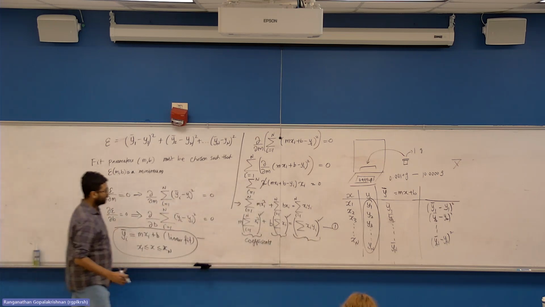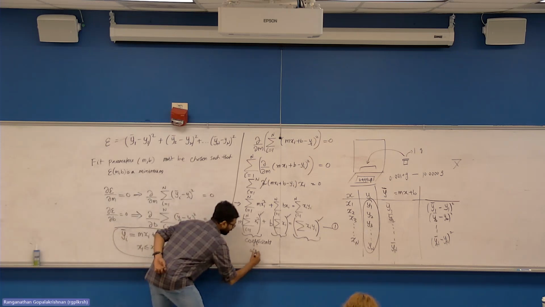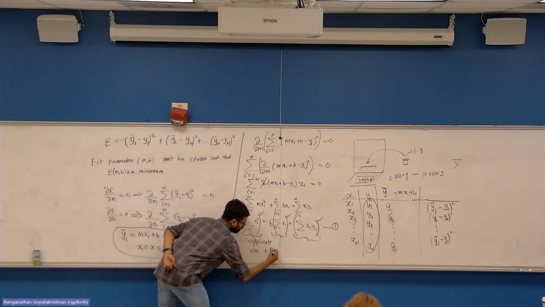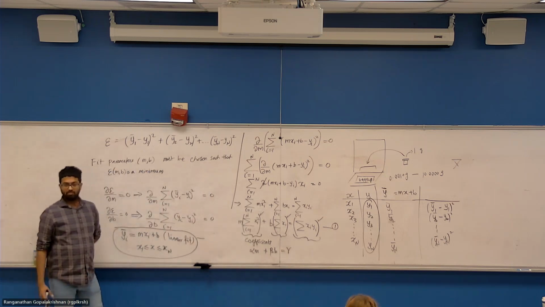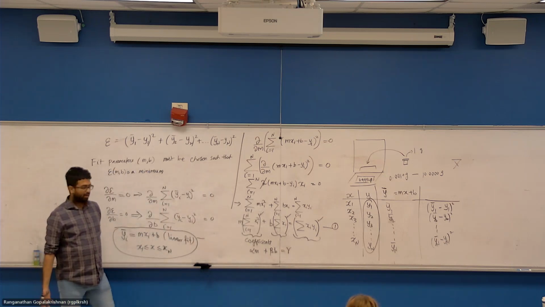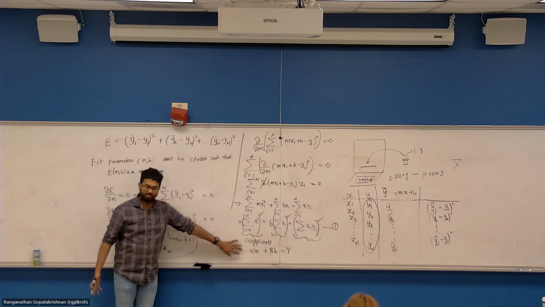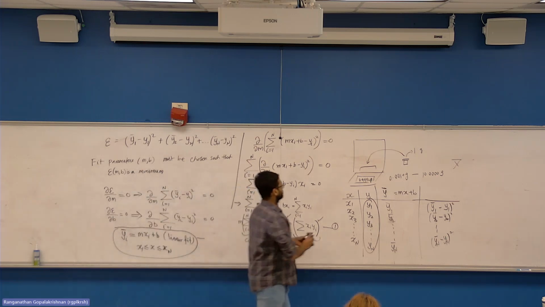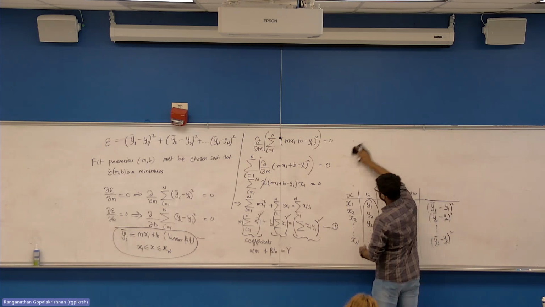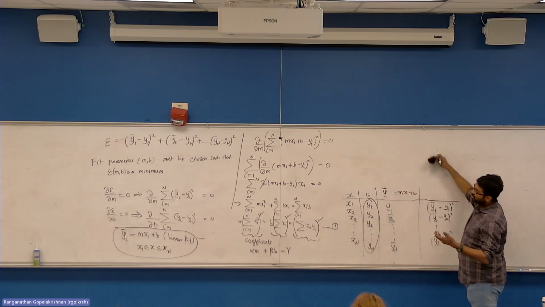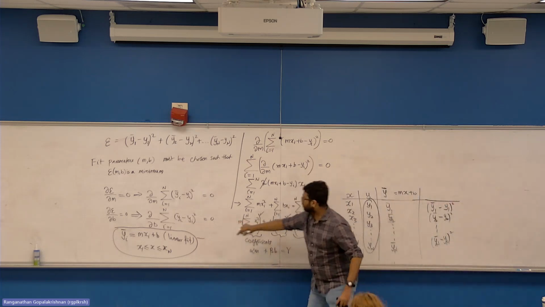I might as well call it alpha m plus beta b equal to gamma. Right? These are all constants. What about the other equation? To solve for two variables, you need two equations, right? So take the other one.